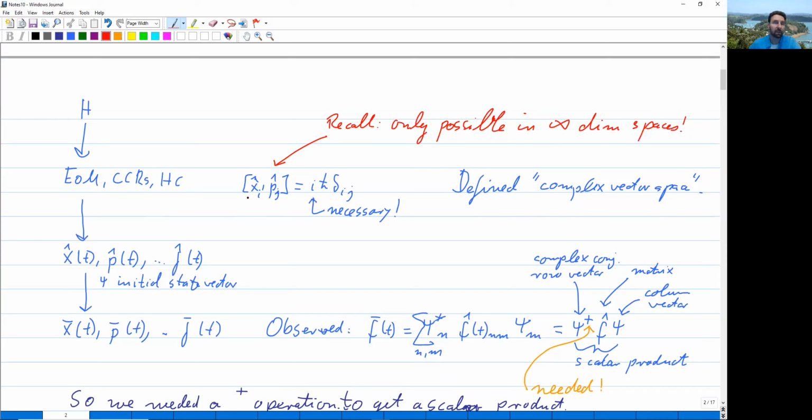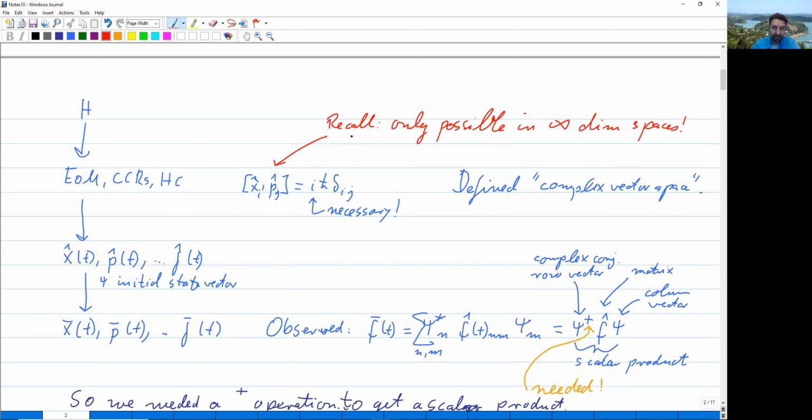Remember what it was? If you take the trace of the left-hand side of this equation, then you have the trace of xp minus the trace of px, which is vanishing because of the cyclic property of the trace. If you take the trace on the right-hand side, you get i h bar times the trace of the identity. But what is that? Well, that's i h bar times the dimension of the vector space. And so for finite dimensions, that's not going to work. But we did find that it does work for infinite dimensions.